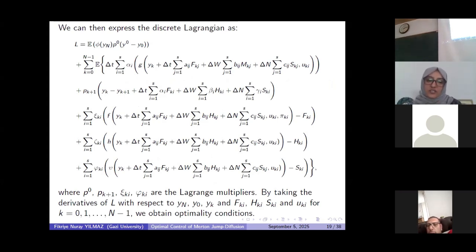We take all equations to one side and set them to zero, but actually we use a special name for such a system, and this is denoted as L. Here, to get the optimality conditions, we need to take derivatives of L with respect to variables, with respect to y, I mean the state variable, and control u.